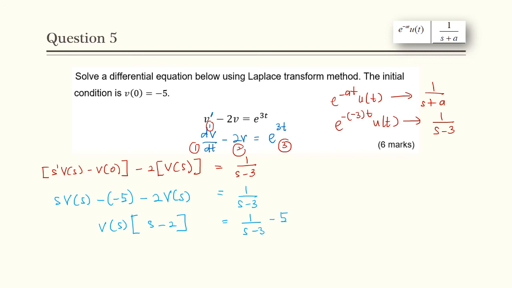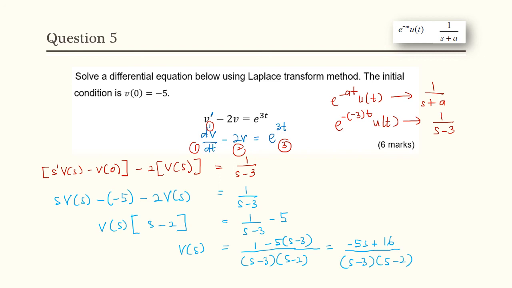Okay, next what is Vs? So Vs equal to 1 over s minus 3 s minus 2 minus 5 multiplied with s minus 3. Okay, so you can simplify the equation. So this is equal to minus 5s plus 16 divided by s minus 3 s minus 2.